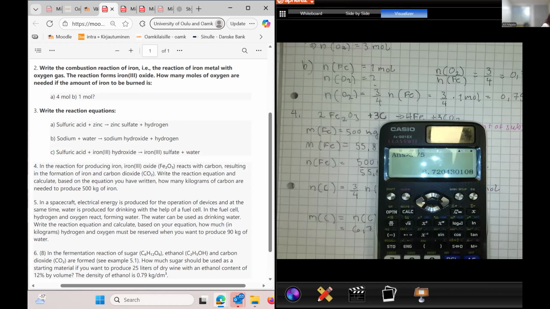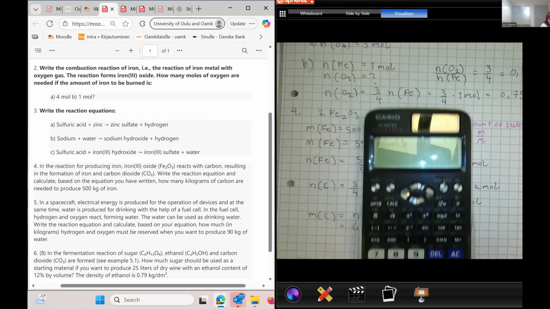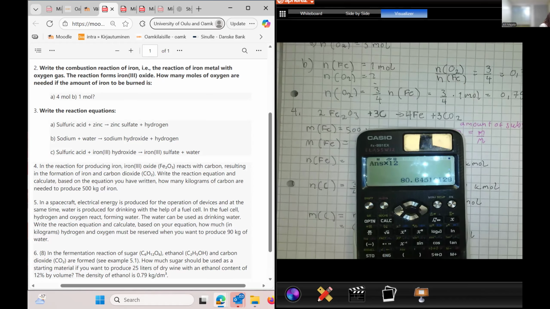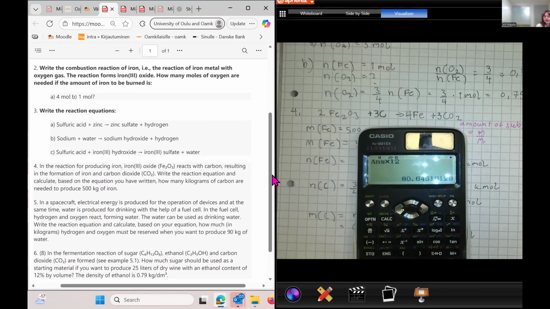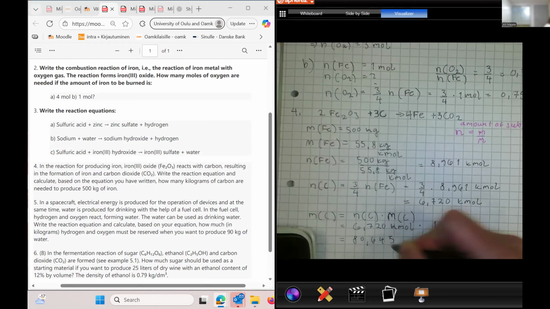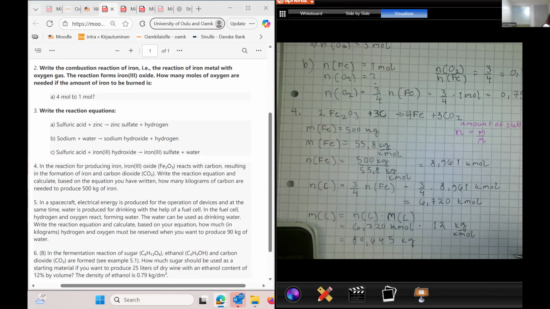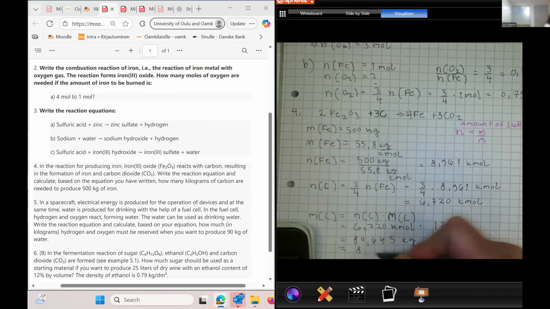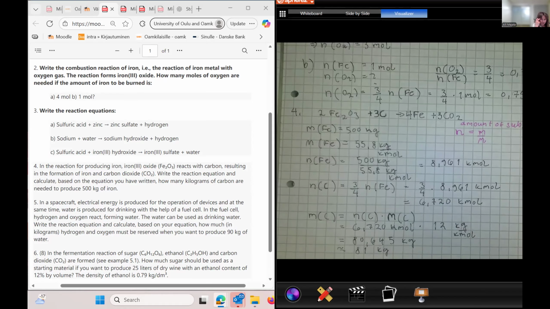So I can multiply this with 12, and I get how many kilograms I need. There would be 80.65 kilograms, about 81. 81 or 80.6 kilograms of carbon.